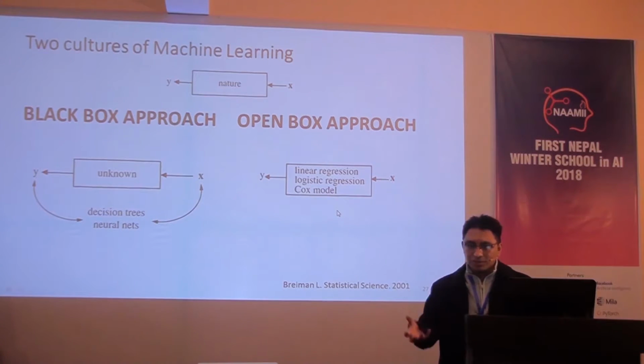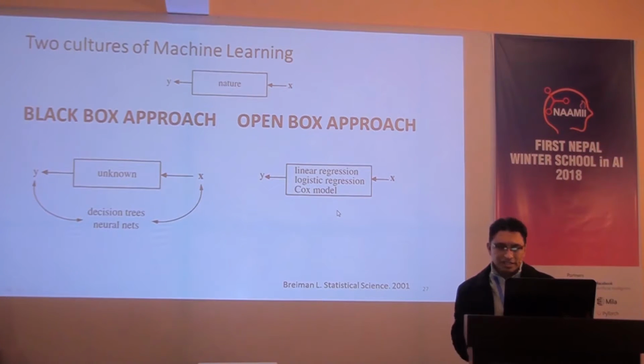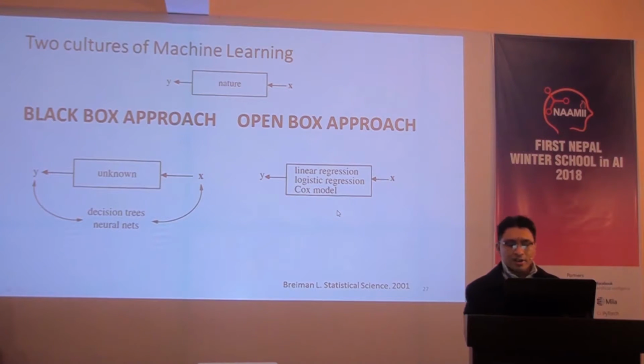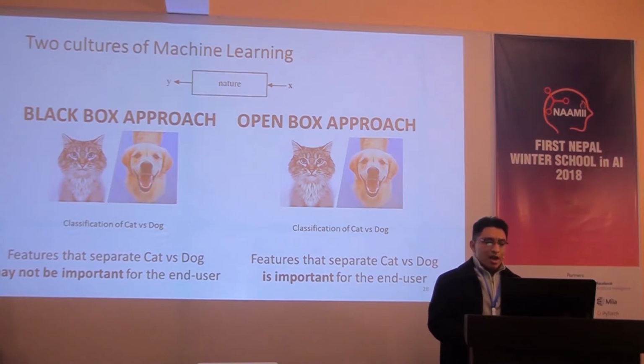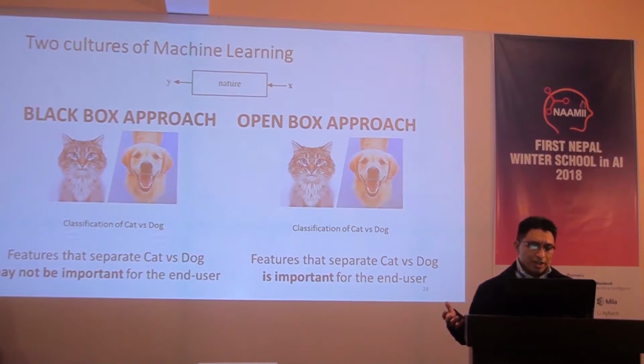You have some assumptions, and you can model this data using different statistical tools and concepts like linear regression, logistic regression, or Cox modeling, and then you infer the relation between X and Y depending on your prior assumptions. So just to give you an analogy, say you're dealing with a classification problem of an image of a cat versus a dog.